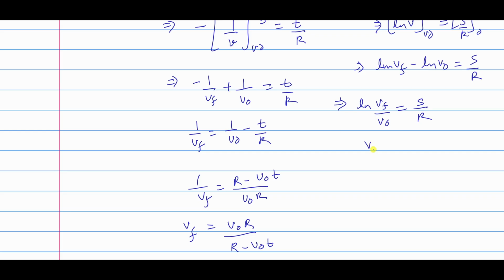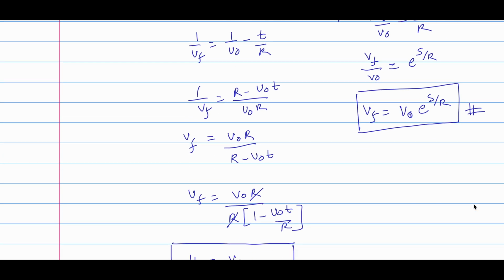From here you get v final upon v naught is equal to e to the power s upon r, or v final is equal to v naught e to the power s upon r. So this is our velocity as a function of distance.